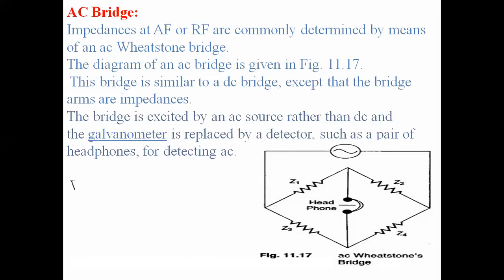When the bridge is balanced, Z1 by Z3 is equal to Z2 by Z4, or Z1 multiplied by Z4 is equal to Z2 multiplied by Z3. Here Z indicates the impedance. The impedance is a complex variable, so it has both real and imaginary parts, and also has magnitude and phase angle.